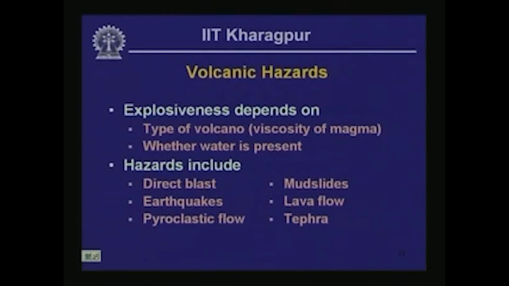Now, before we go ahead, we need to define a few terms here which you might not have encountered before. The first one is pyroclastic flow. What is meant by pyroclastic flow is a flow-like phenomenon in which movement of pyroclastic material takes place.